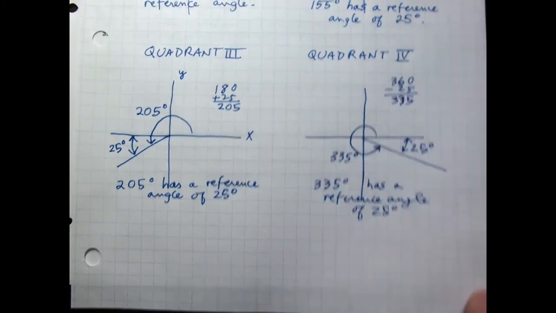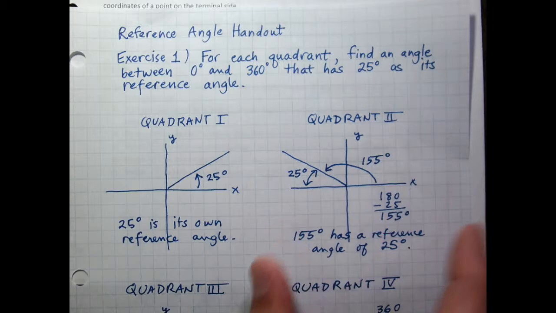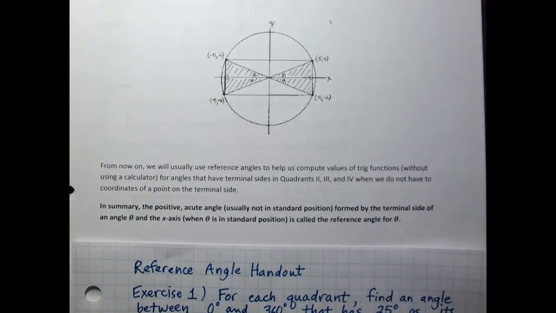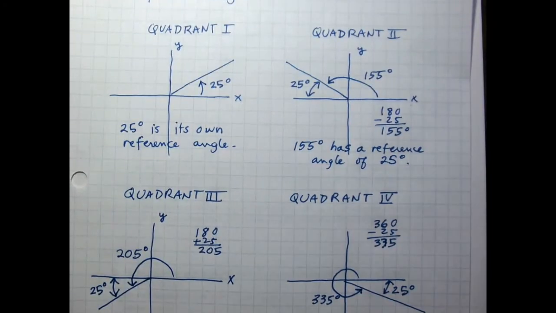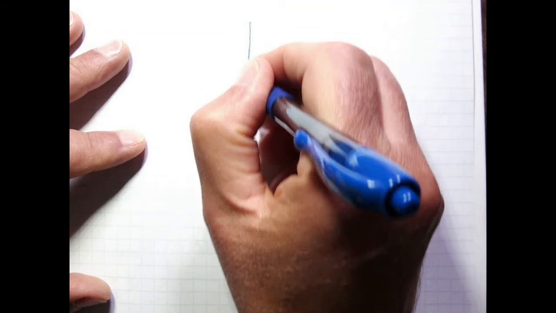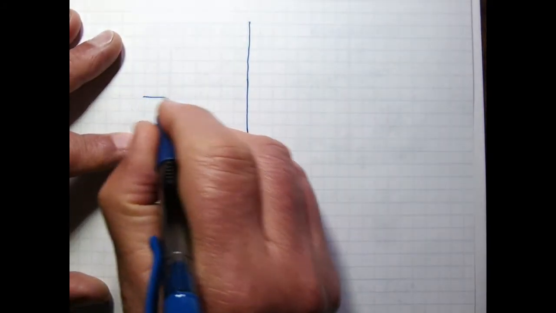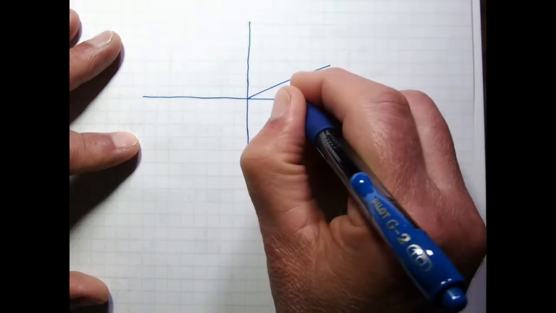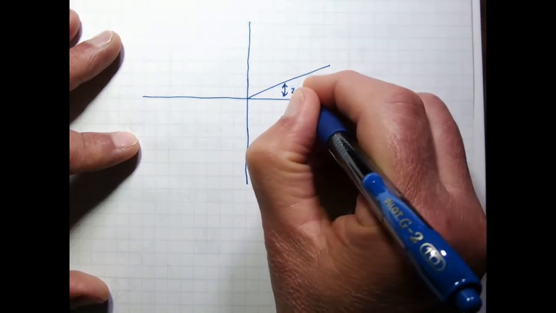One more thing I want to say, though. I just want to say a little bit about where this funny picture comes from, my bow tie picture that I included on the handout. So I'm going to take the angles from this exercise and just draw one more picture. Suppose this is the original 25-degree angle, right?